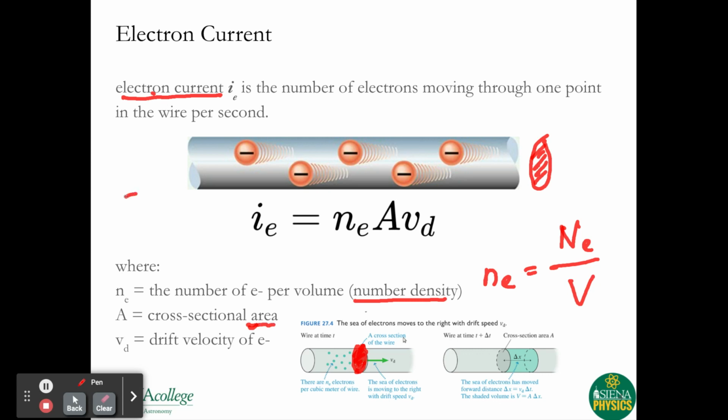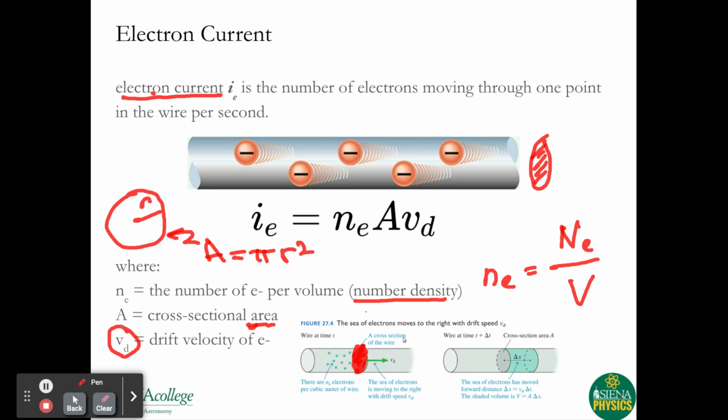If I'm doing a face-on view of the wire that has some radius r, the cross-section will be pi r squared, the area of a circle. And then drift velocity is a measure of how quickly these electrons are moving, a bulk motion of them all going to the left.